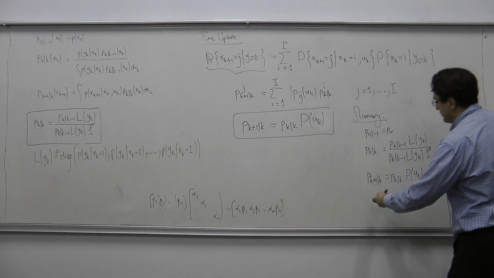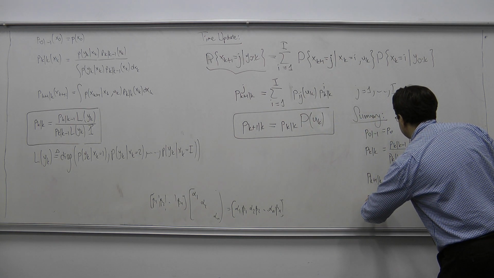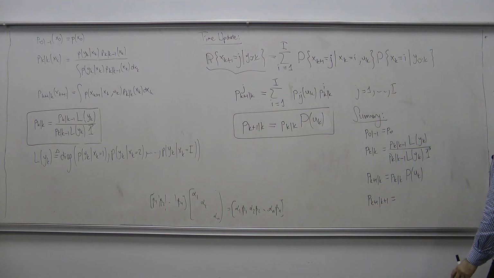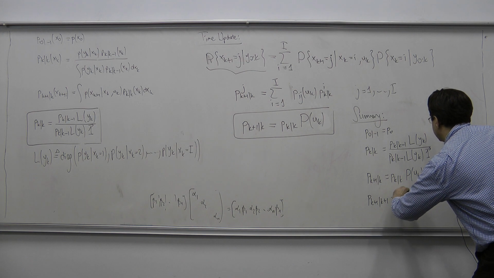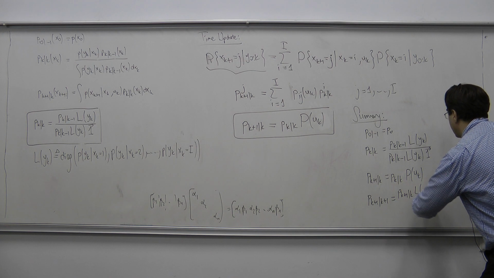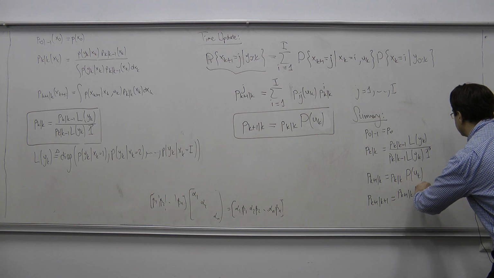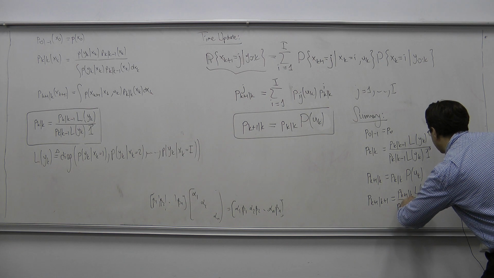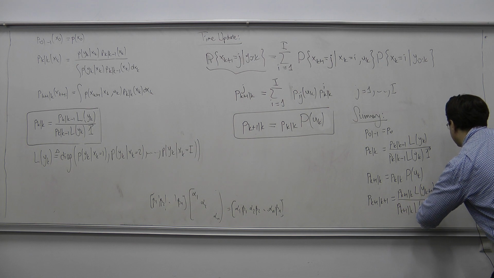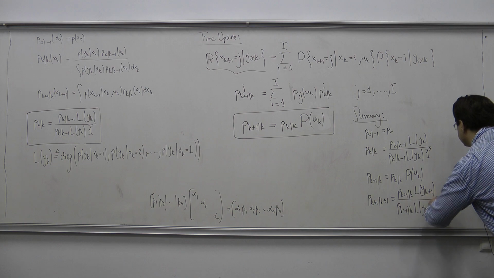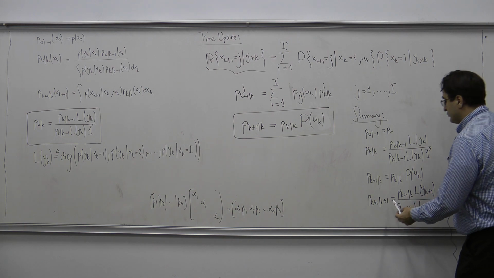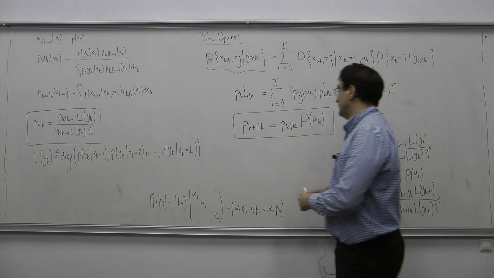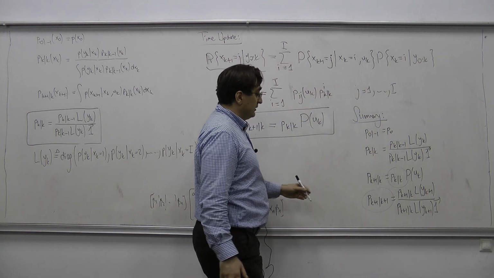If I continue one more step here with the measurement update, then p_{k+1|k+1} is going to be p_{k+1|k} times the likelihood of the k+1st output, okay, divided by p_{k+1|k} L(y_{k+1}) times 1. Okay? Then I can actually write p_{k+1|k+1} in terms of p_{k|k} only. And that is not really difficult.